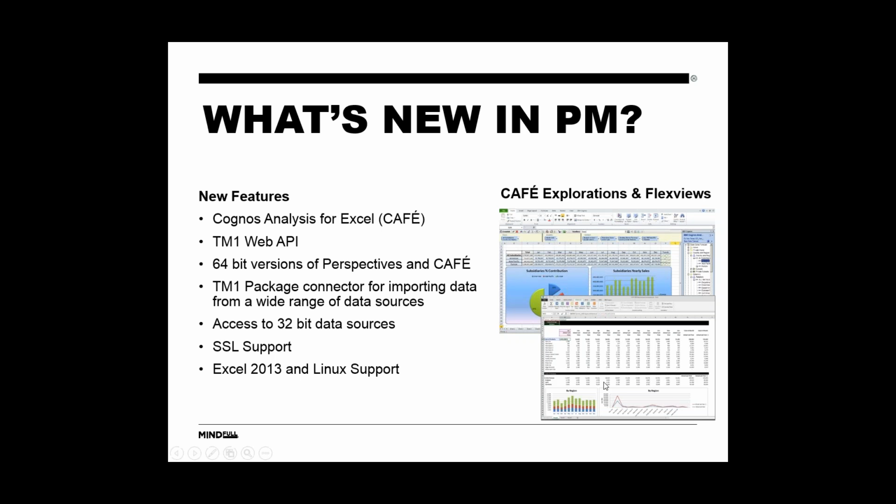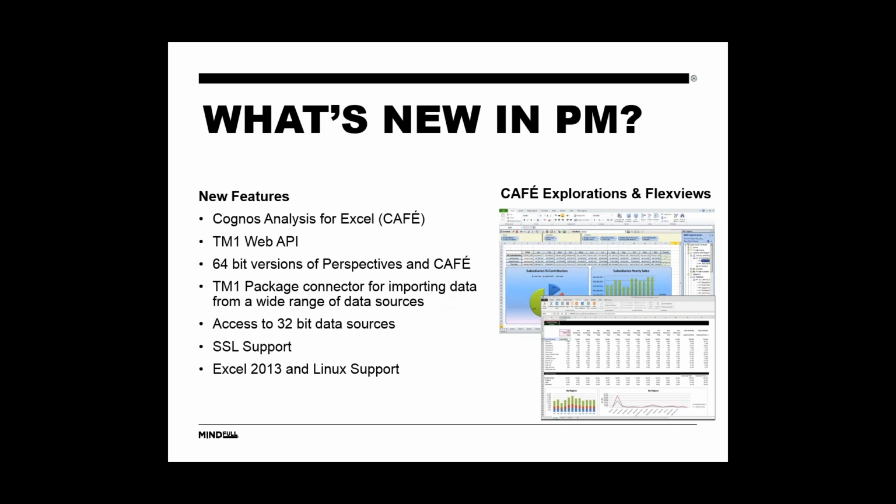There's also a number of other improvements. I won't go through them all, but they've brought in support for the TM1 web APIs available, so you can embed Cognos content in portals and web applications in various other areas to create applications that leverage the TM1 and BI data essentially.